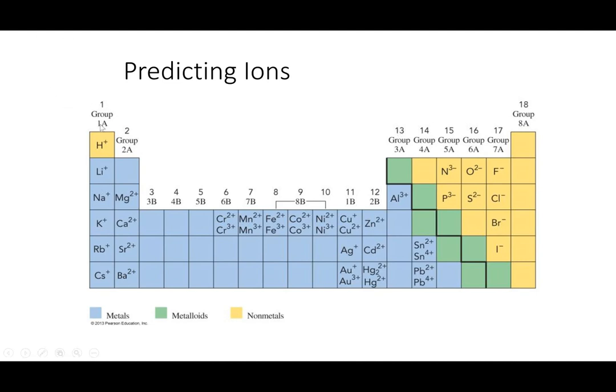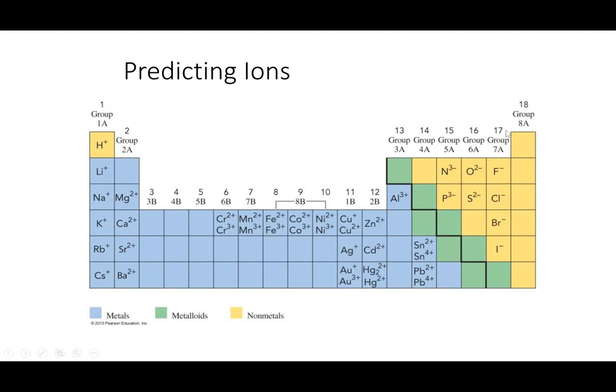Group 1 has one valence electron. They are okay with giving that one valence electron away, and they have a positive 1 charge. Group 2, 2 valence electrons, give 2 away, positive 2 charge.